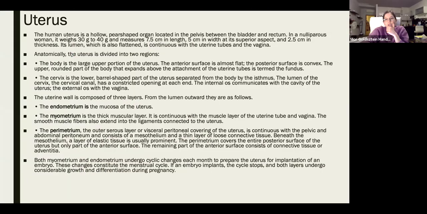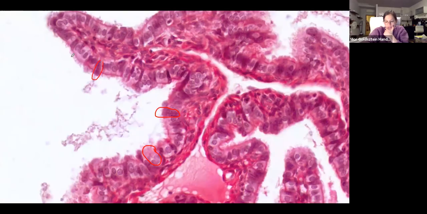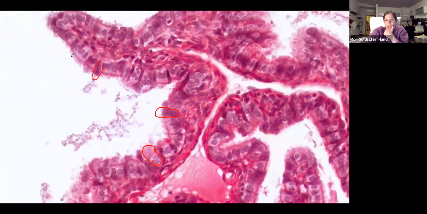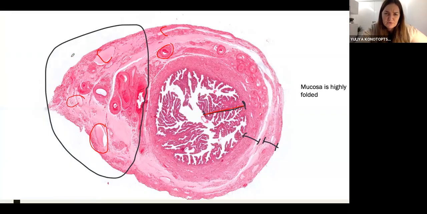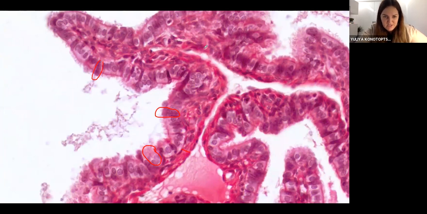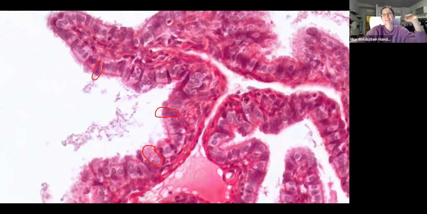On the surface, it's not on the surface. No, it's a basement membrane. Sorry.